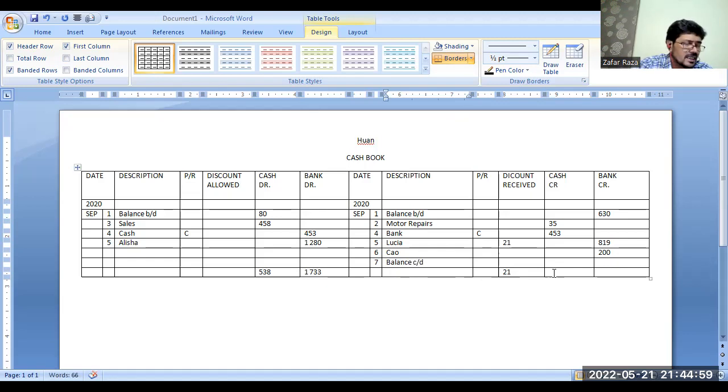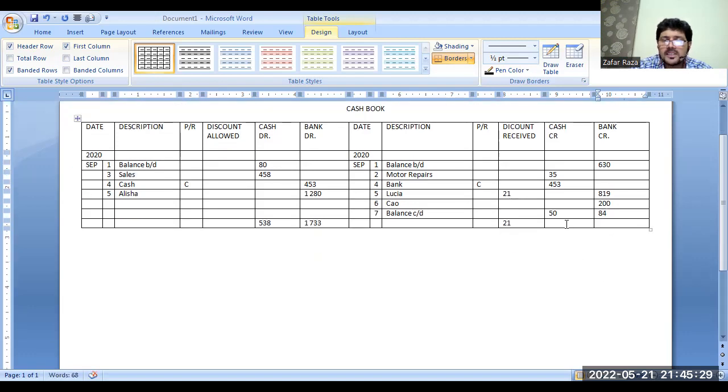Now first take cash. 538 debit minus 35 credit minus 453 credit. Answer is 50. Now what about bank? 1733 debit minus 630 minus 819 minus 200. So 84 is the balance. Now both sides of cash is 538 and bank is 1733. Got it?